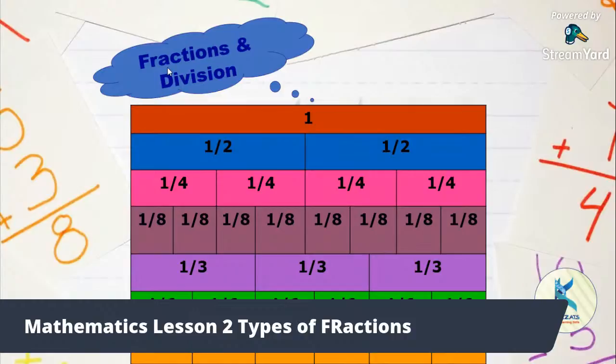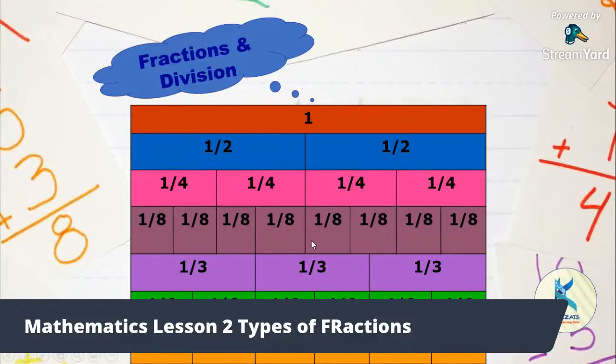As I told you before, if we divide any figure into 2 equal parts, it is called a half. If we divide it into 4 equal parts, it is called 1/4. Similarly, if we fold the paper again into 2 more parts, so that each 1/4 is divided in half, then it will be 1/8.